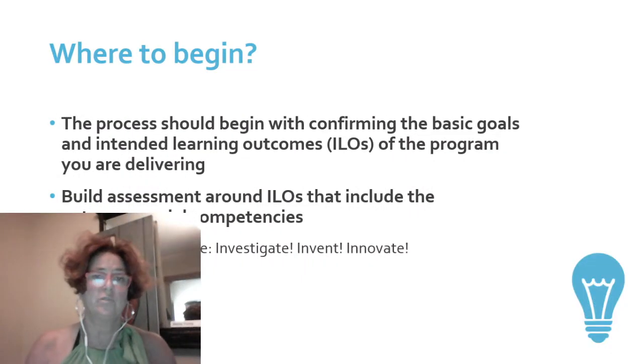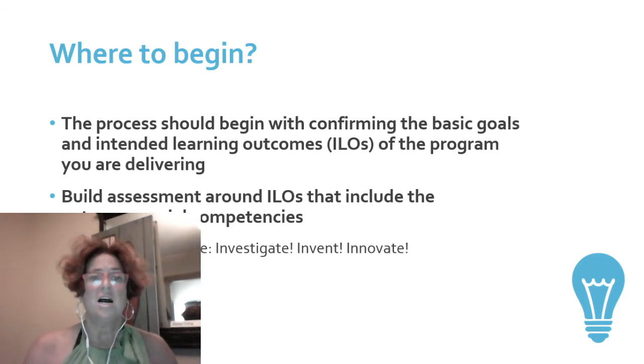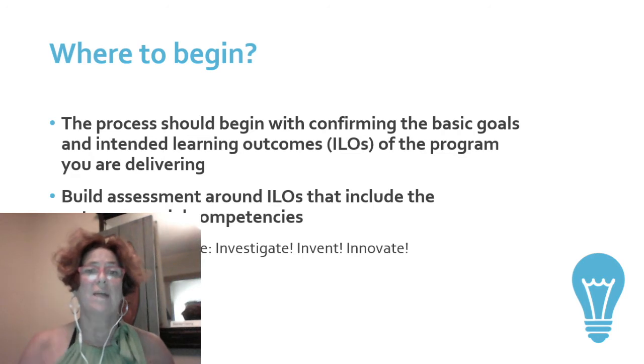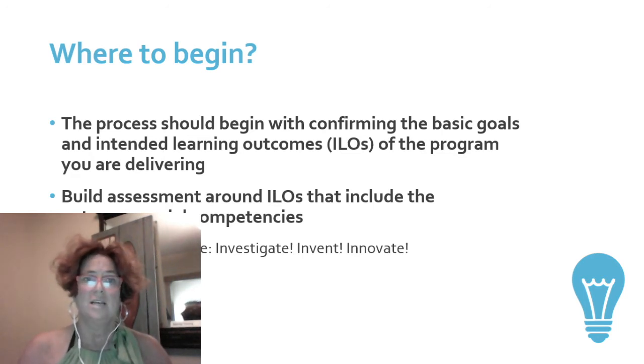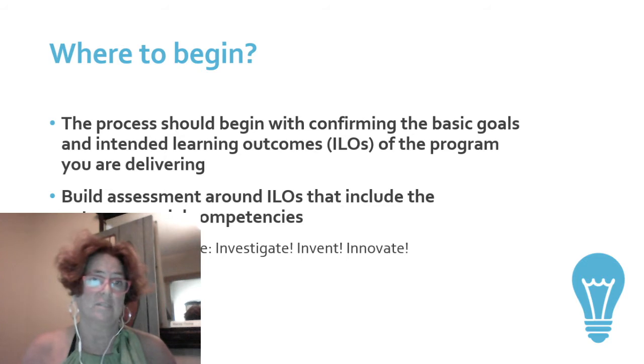And we tried to accomplish this at one Canadian organization that designed and delivered entrepreneurial programming in classrooms across the country. We started by going back to the architects of the programs. And we sought to confirm the basic goals and intended learning outcomes of the program that we were delivering.